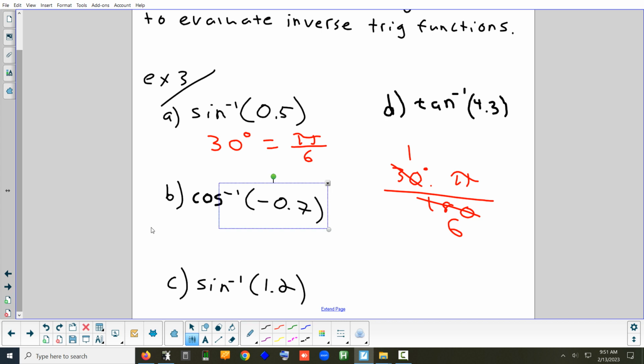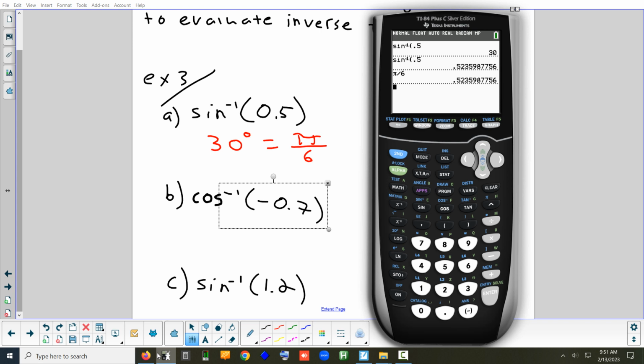Let's try the next one. Inverse cosine of negative 0.7. What do I press to type that in? Yep. You do second, and then press cosine, and then type in negative 0.7. Okay, I am going to put it back in degrees because I said to you we were going to do degrees for these problems.